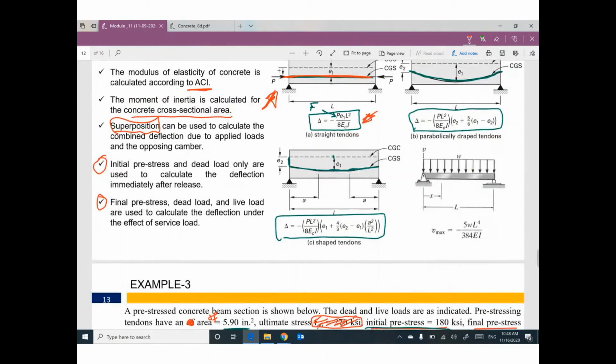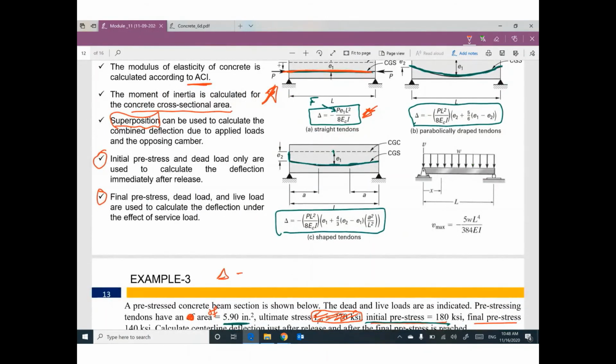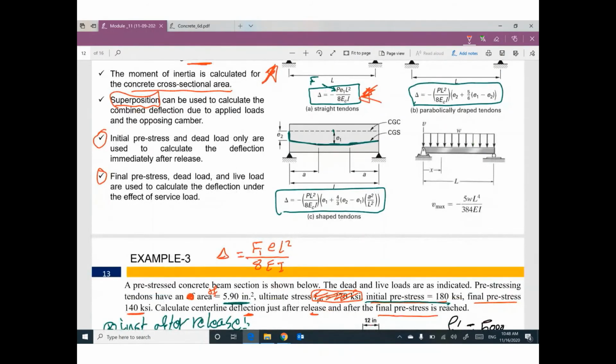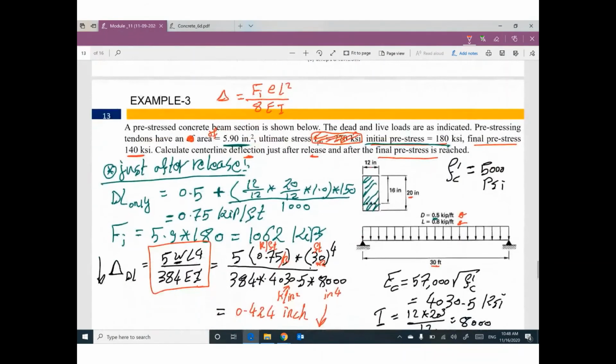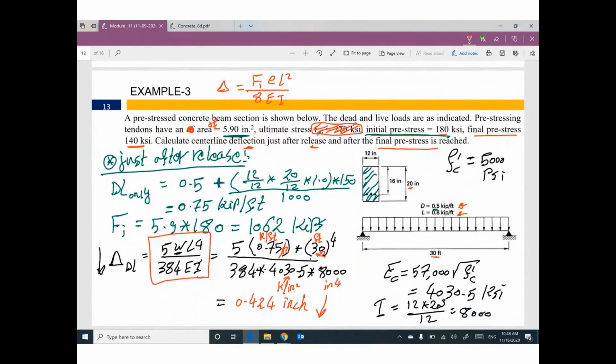So the deflection equals F, the pre-stressing force initial time eccentricity time L square divided by 8 EI. This expression. Okay, go ahead and substitute the initial pre-stressing force, 1062 kip. Eccentricity.